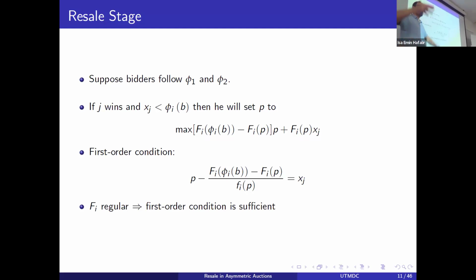But this is not one because the upper limit of the possibilities actually starts from phi I of B. And when F_I is regular in Myerson's sense, when the virtual value is increasing, then this will give you a unique solution, and that will be your maximizer. And we assume regularity, so this characterizes the optimal P given the equilibrium bid functions in the first stage, or the inverse bid functions phi I and phi J.